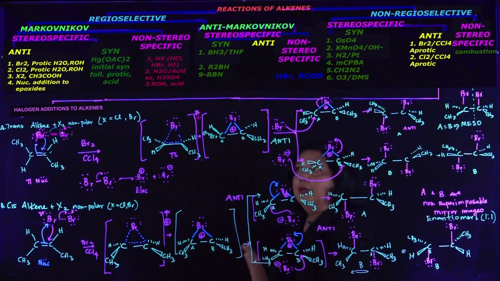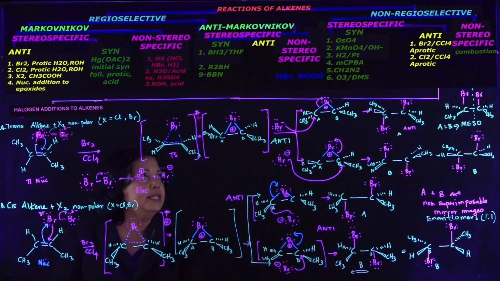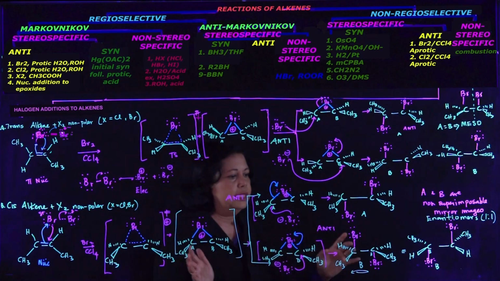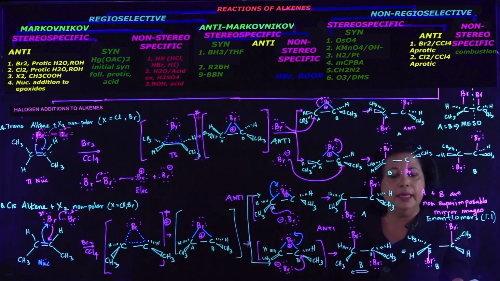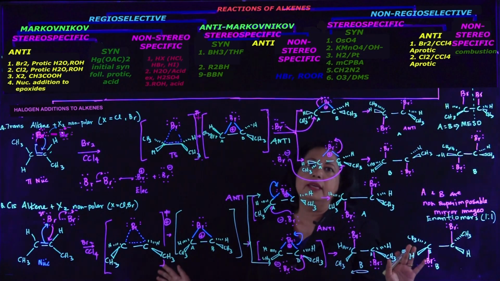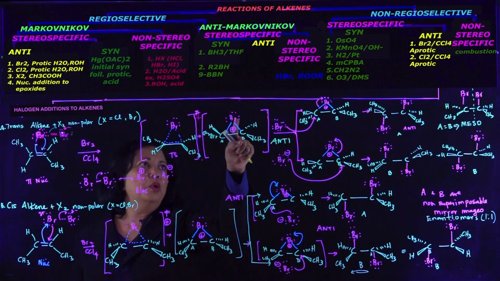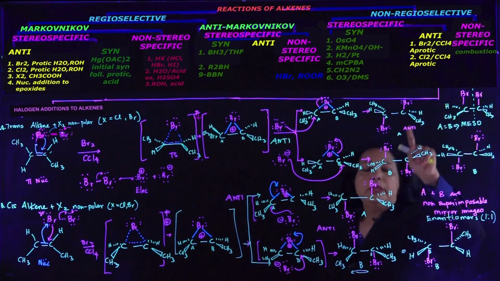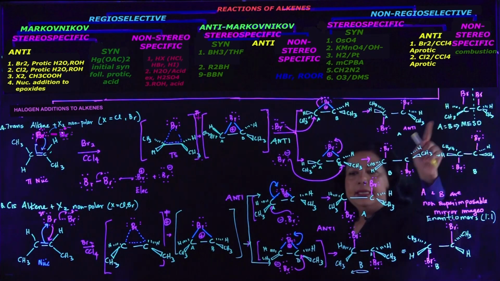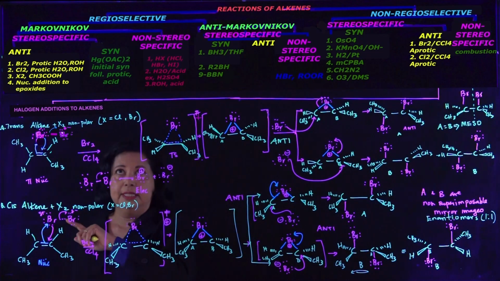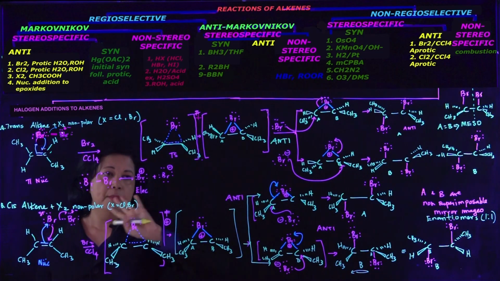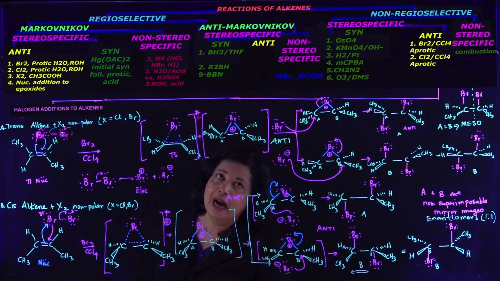All right, so let's look at more additions to alkene. Now, I have shown this with bromine. You can do the exact same thing with chlorine. So wherever there is a bromine, you can replace that with a chlorine, and you can get these dichloro compounds. So the bromine and chlorine mechanisms are identical.